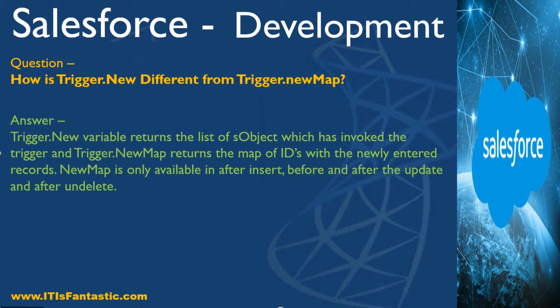Trigger.new returns the list of objects which have invoked the trigger, and Trigger.newMap returns the map of IDs with the newly entered records. NewMap is only available in after insert, before and after update, and after undelete.